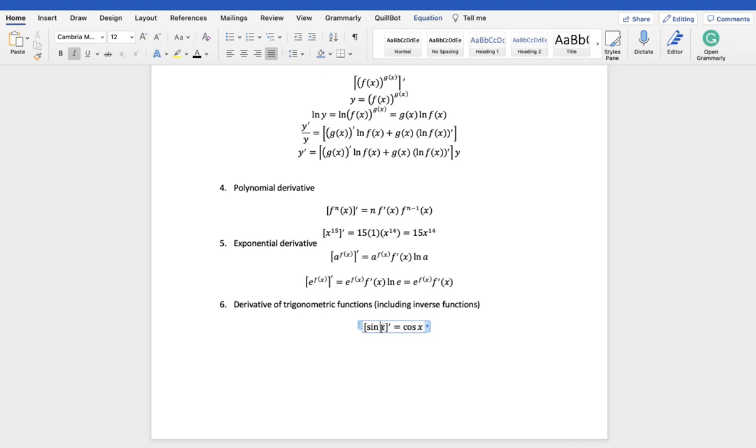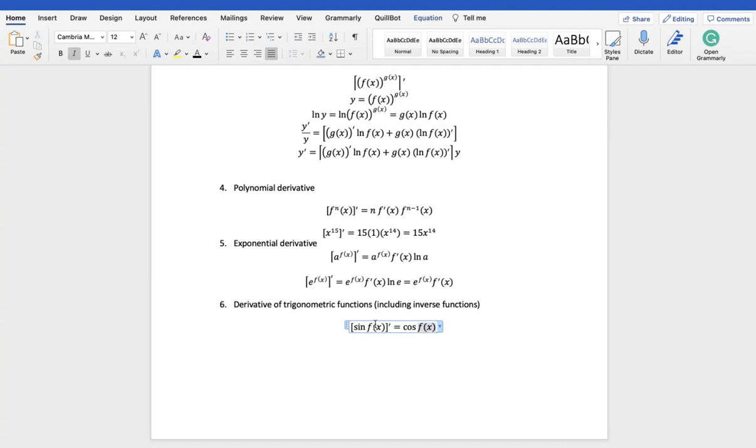Or if you want to write it in a more general way, let's say we had some other function. It can be x, or let's just write it in the general form of f of x. So it can be sine of any function f of x.